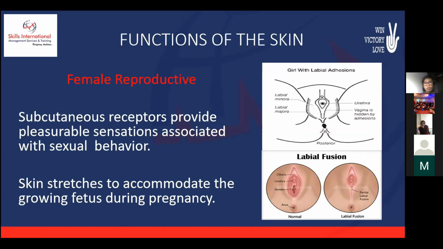So nagdidikit siya and then you'll have problems because the normal should have different openings from your hymen to your urethra and your clitoris sa female. So kapag nagkaroon ng fusion, nagdidikit etong portion dito sa hymen. So kailangan niyang i-unopen. Okay?